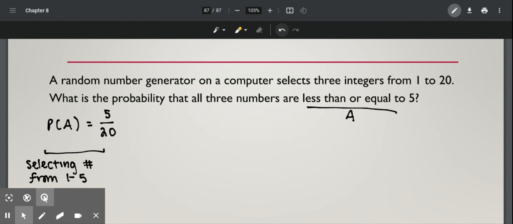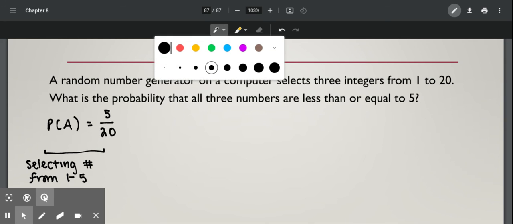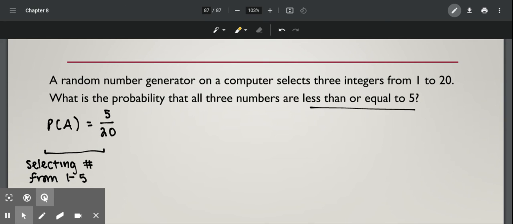And then the probability that all three numbers are less than or equal to 5. Oh, sorry, I underlined the wrong part. So the 1 to 5, we do have that less than or equal to 5. But then we want that all three numbers.